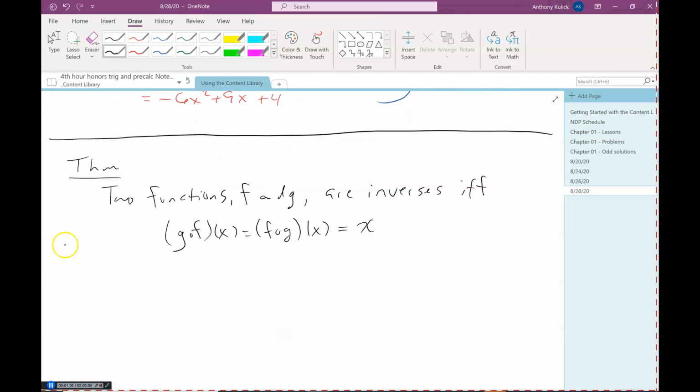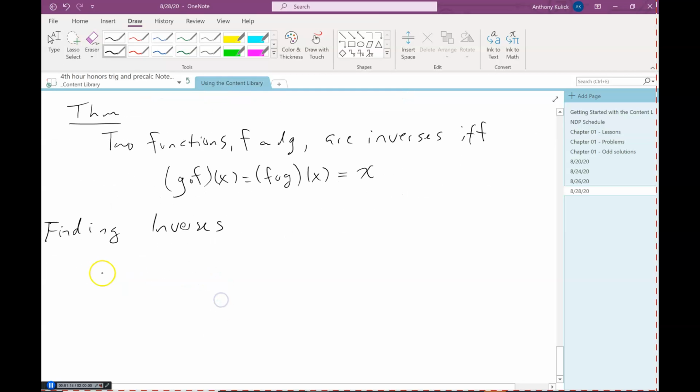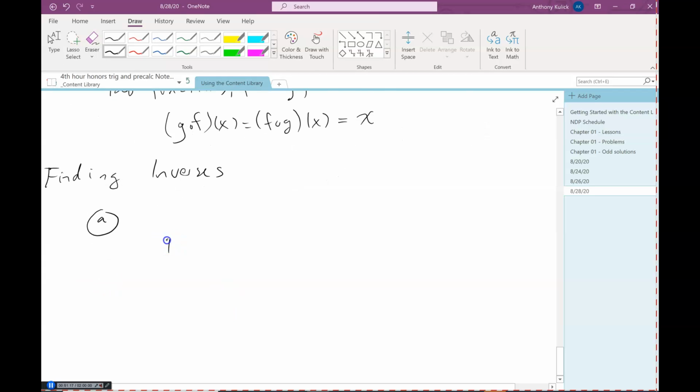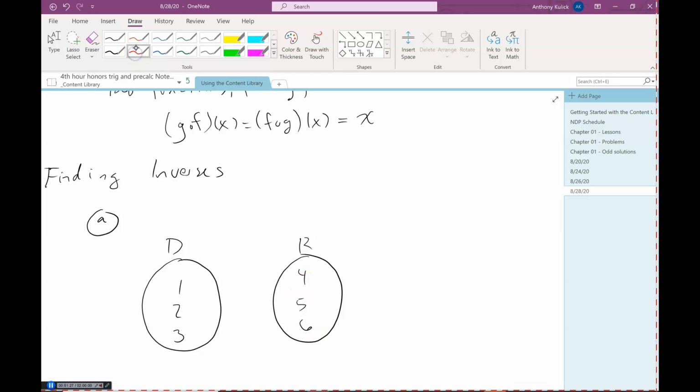So let's do some examples of finding inverses. So if we have a mapping diagram, and we call this function f of x.